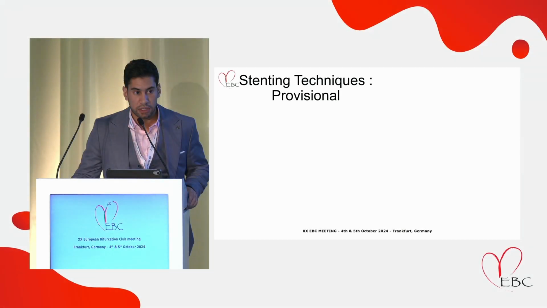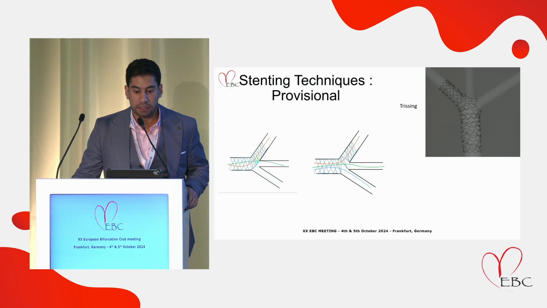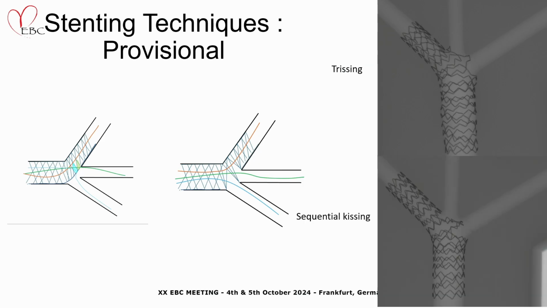So let's see how it looks in the scenario of rewiring through 2 different cells. This is the theoretical sketch of how it should look. And this is the micro-CT when we performed a tracing, and how it looks after we perform sequential kissing. I think we can all appreciate there is more stent deformation when we perform sequential kissing compared to the tracing.